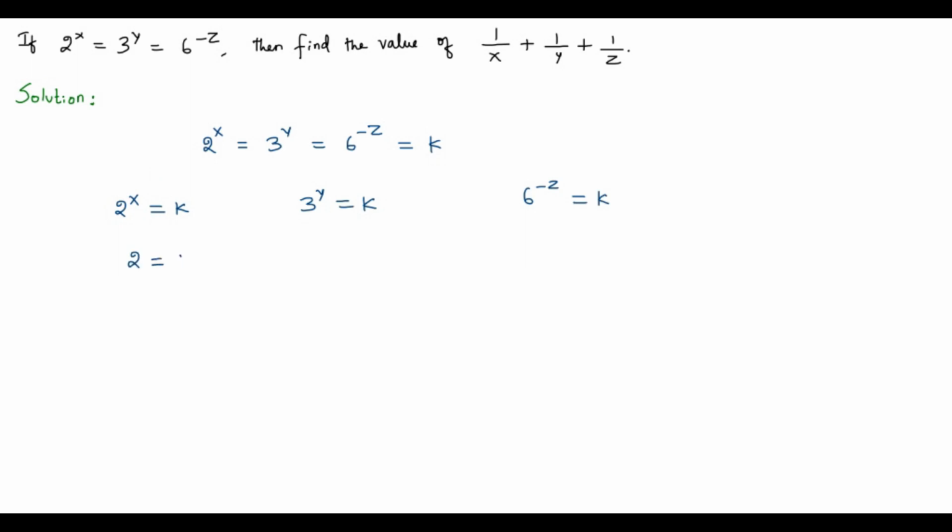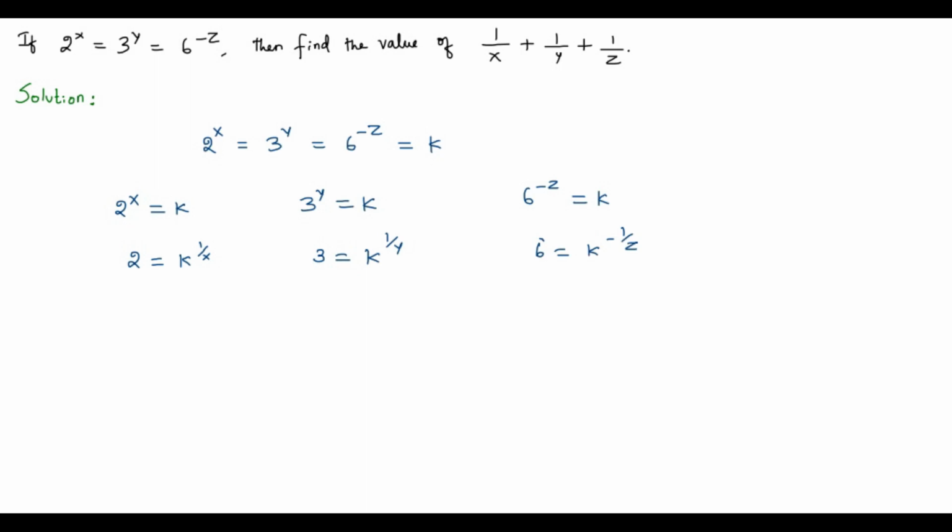Then we'll get 2 is equal to k to the power of 1 by x. So the same thing we can do here. Then we'll get 3 is equal to k to the power of 1 by y, and 6 is equal to k to the power of minus 1 by z. I have taken the exponent to the right side. So when exponent goes to the right side, it will become its reciprocal.